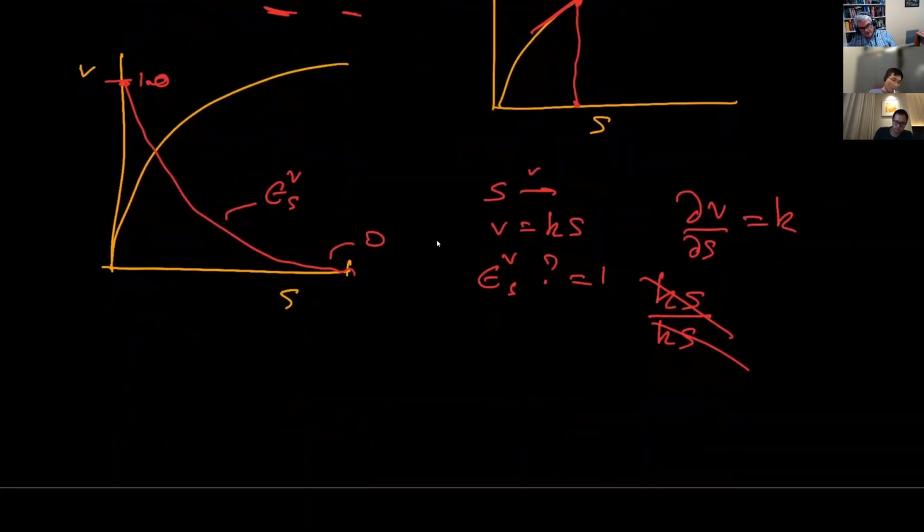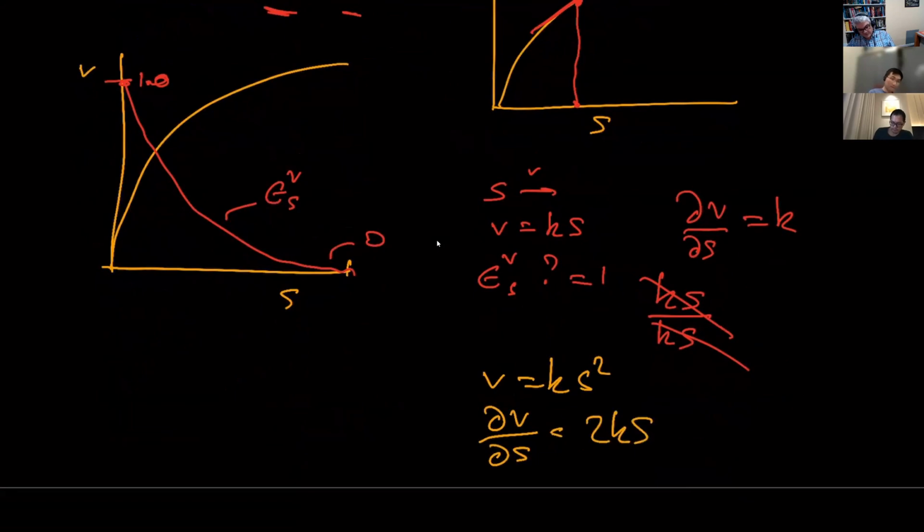All right, here's another one. If V is Ks squared, dV by dS is 2Ks. Then I multiply by S and divide by V, and V is Ks squared.